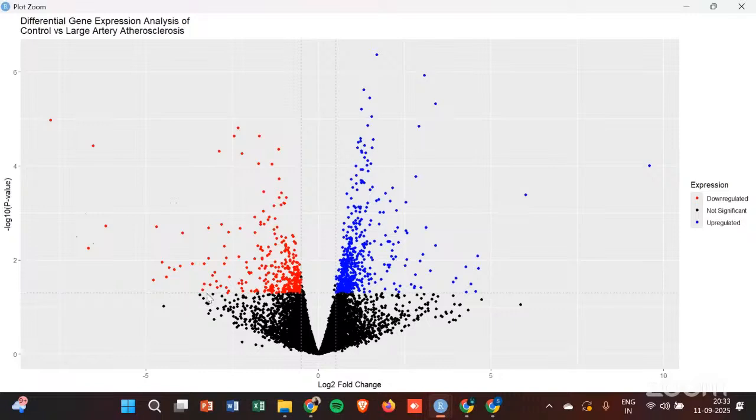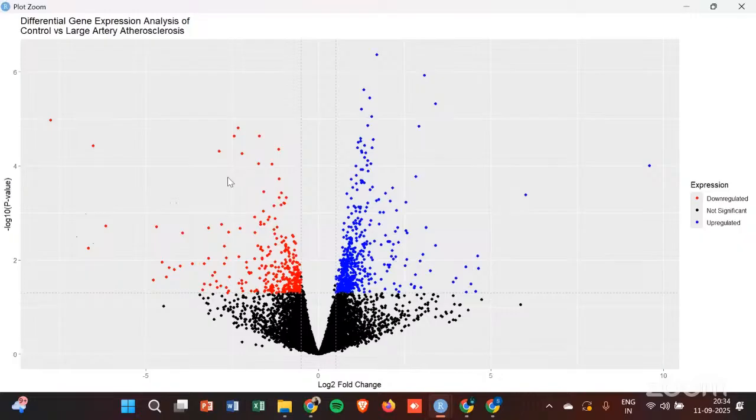So anything that has a minus log 10 p-value of less than 1.3 is automatically denoted as black, which means not statistically significant. Only genes which are statistically significant are colored anything other than black. The blue ones are to the right of 0, so they are annotated as upregulated.